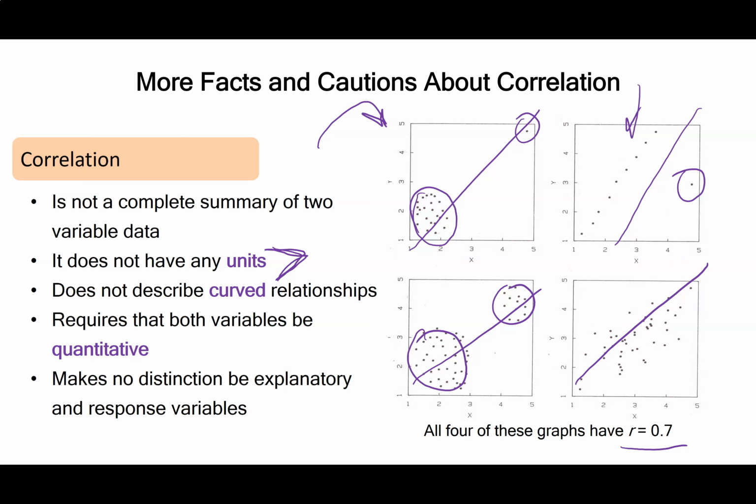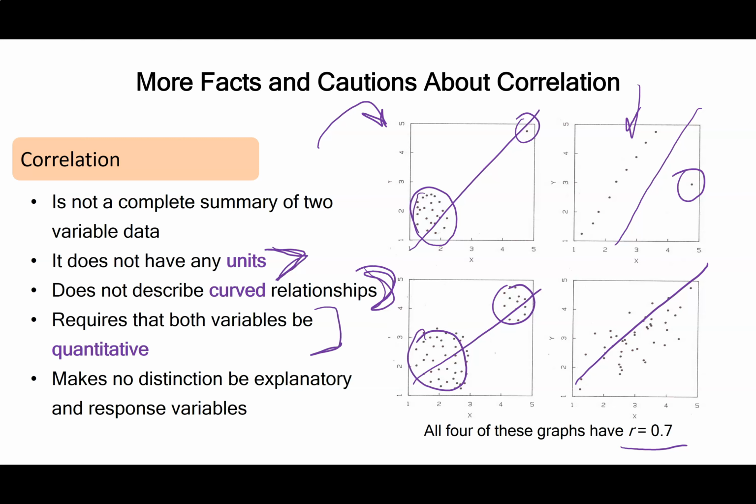It does not care about what your units are. It factors that out. So that's important to know. And a big thing, you don't want to use it unless you know that you have a linear relationship. So if you look at a scatter plot and you see any relationship besides a linear one, you should not use the correlation coefficient to describe the strength. That will be bad news.